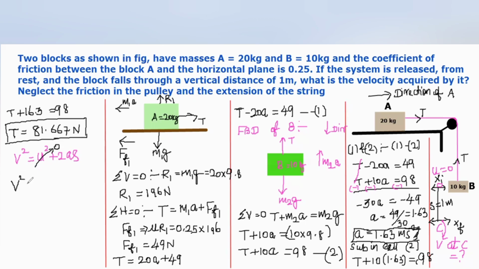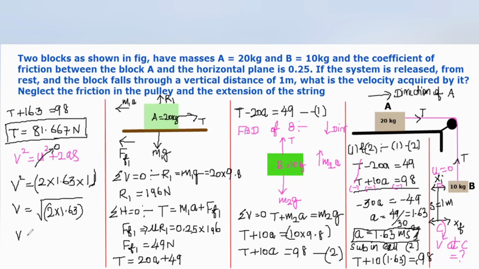So we can write v square equals 2 multiplied by the acceleration we calculated as 1.63, and then the vertical distance 1 meter. If you simplify this, we get v square, then v equals the square root of 2 multiplied by 1.63.